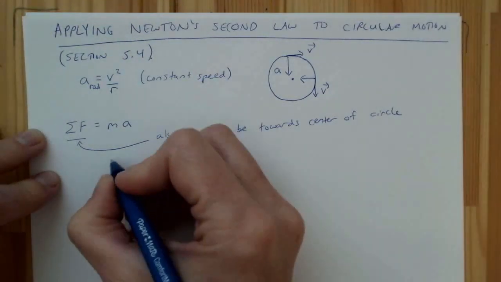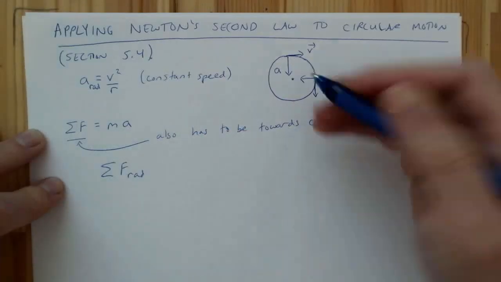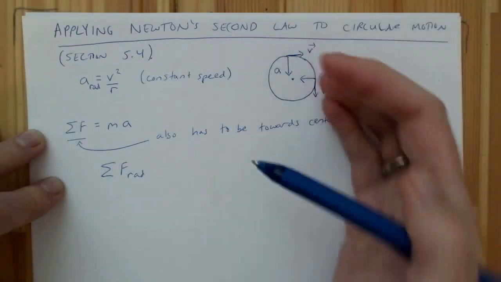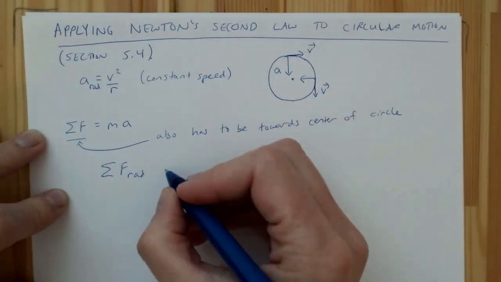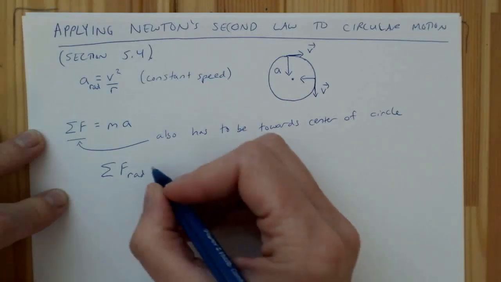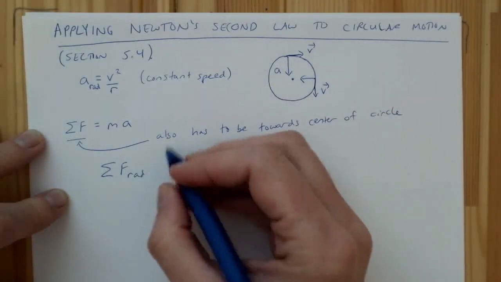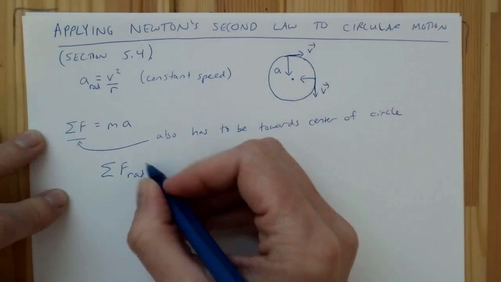And so you can say that the sum of forces in the radial direction, since it's not an x or y direction per se, but actually points towards the center of the circle. So you can choose your axes so that one axis, the radial axis, is along the direction of the acceleration.